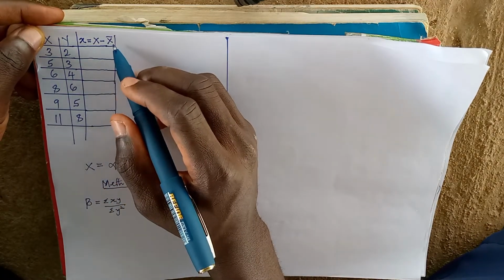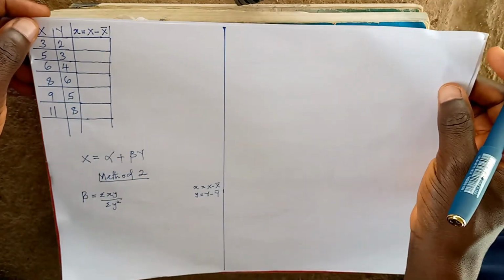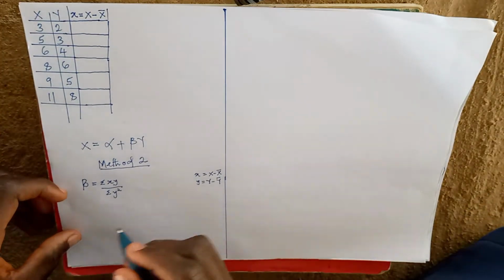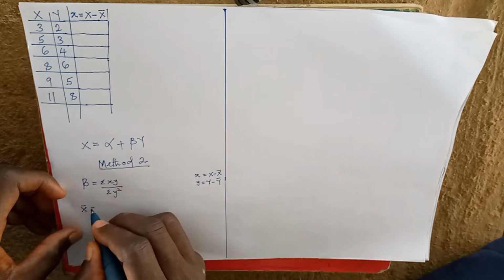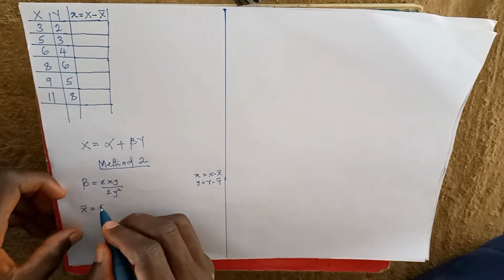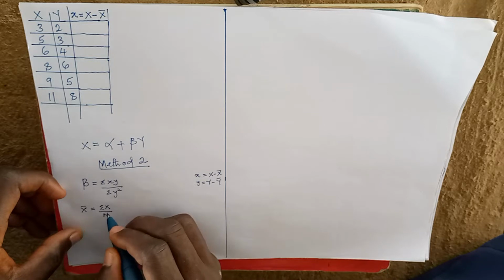Since we have x minus x bar, we need to find the value of x bar. Just like what we did the other time, x bar equals summation x over n.